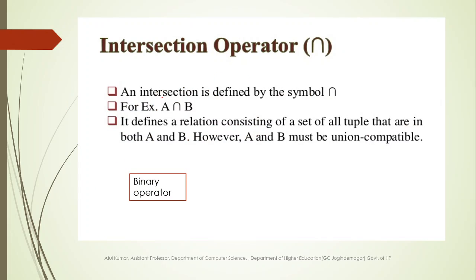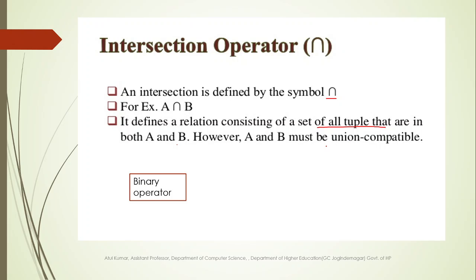Next we have the intersection operation. The intersection operation is defined by this symbol, and it defines a relation consisting of the set of all tuples that are in both A and B. This means it results in a relation that contains the rows that are common in both A and B. However, A and B must be union compatible.